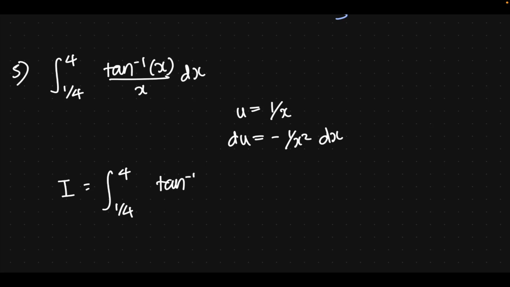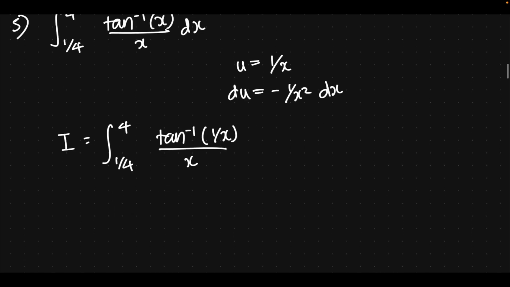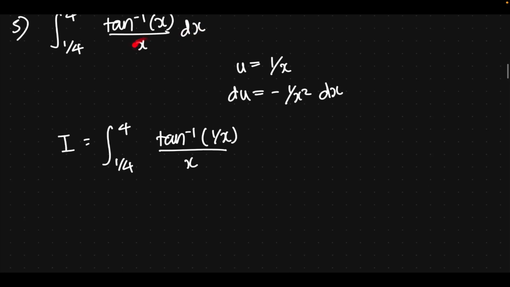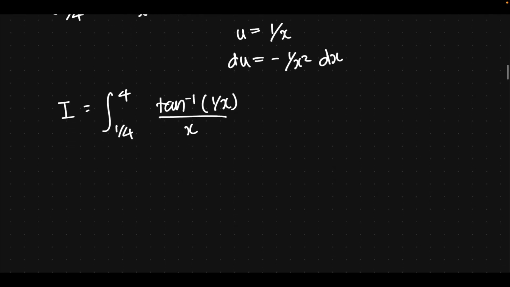We have inverse tan of 1 over x after all the cancellations, because we'll have a 1 over x squared from this dx factor, and we have a 1 over x from that x.